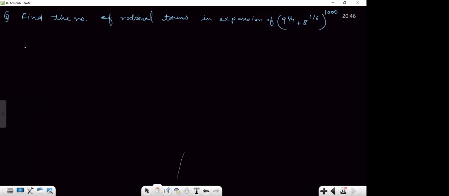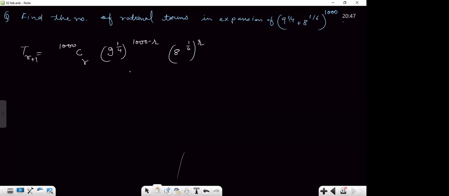Let's find the general term as always. T(r+1) equals 1000Cr (9 raised to 1 by 4) raised to 1000 minus r into (8 raised to 1 by 6) raised to r. This is the general term.